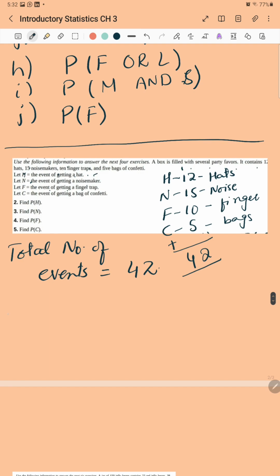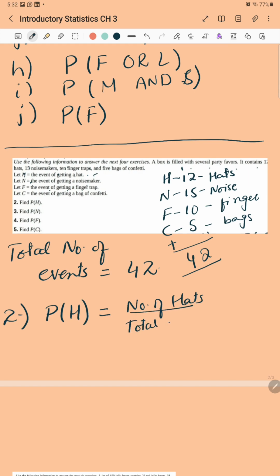Now we are going to do for question number 2, probability of H. So number of hats by total number of events. So number of hats है हमारे पास 12, total is 42. So it's going to be 2/7.